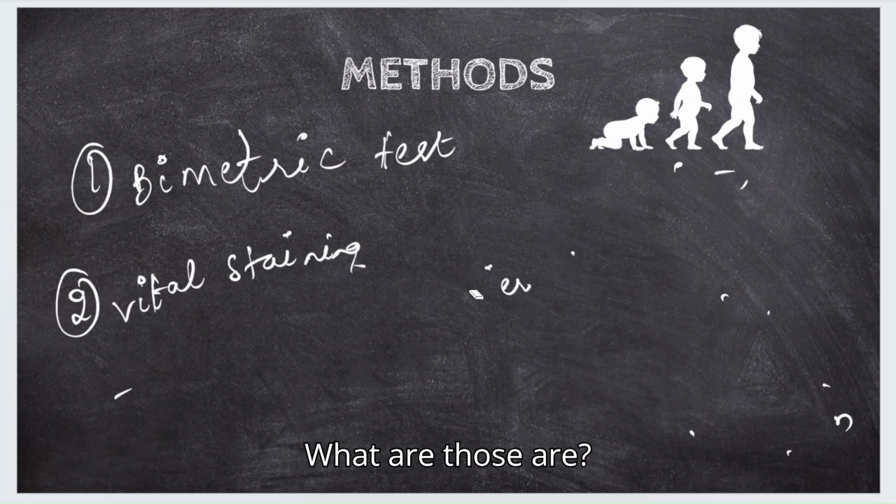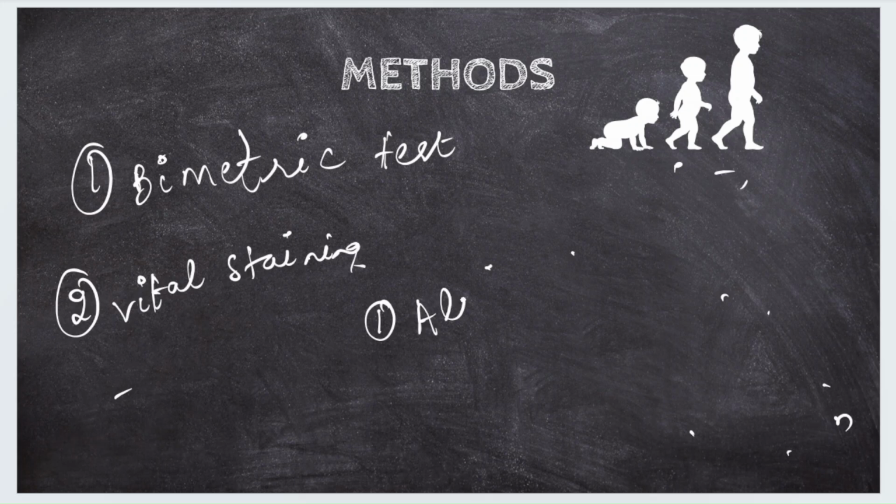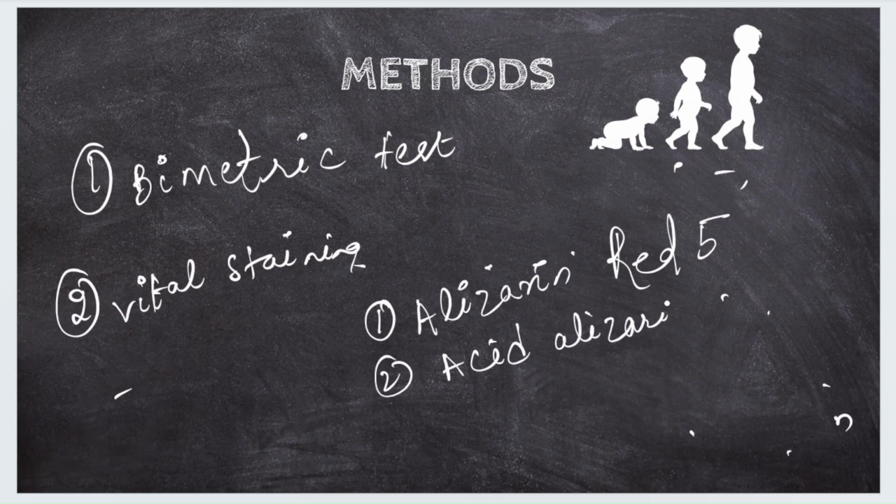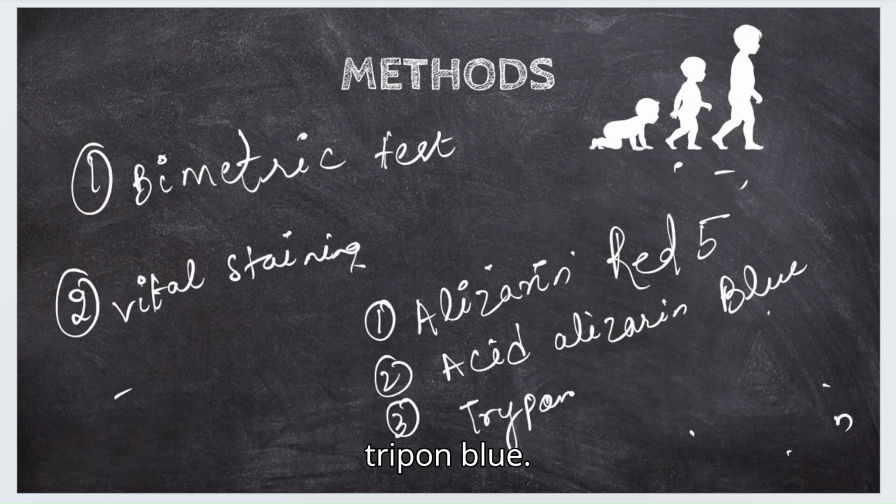What are those? First, of course, we have alizarin red S. Second is acid alizarin blue. Third is trypan blue.